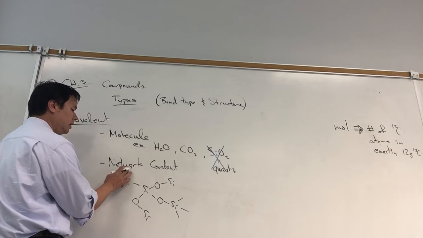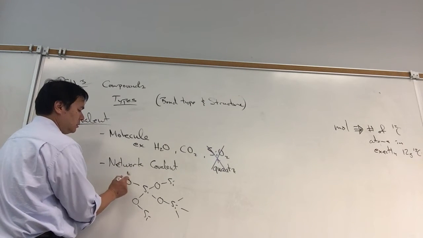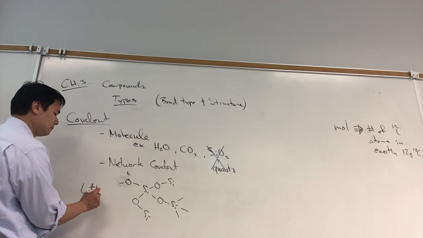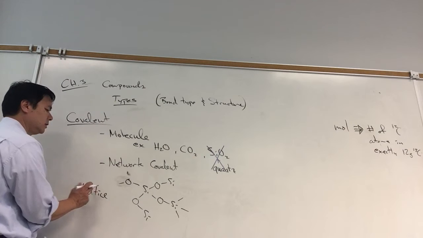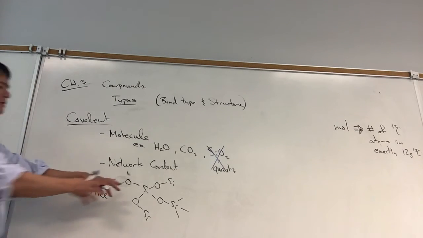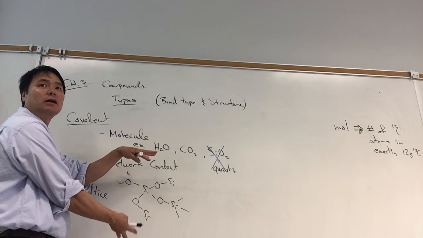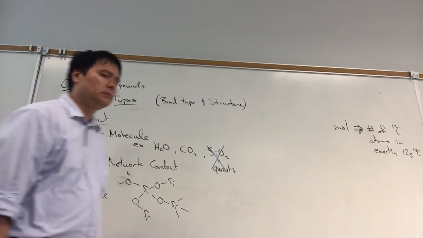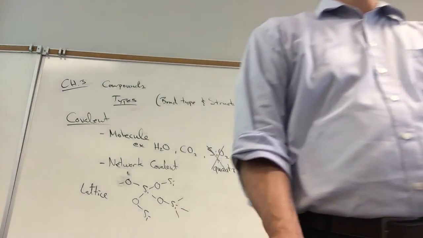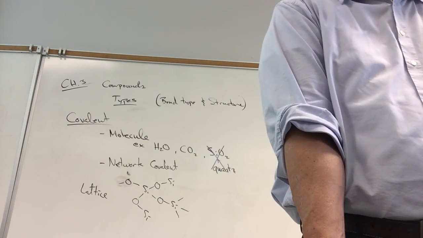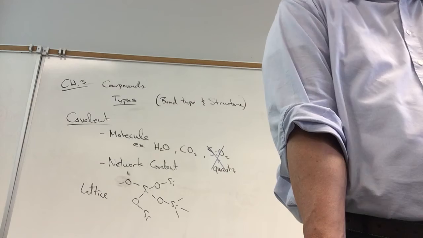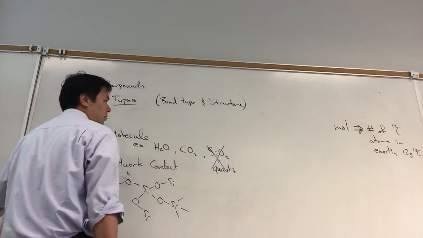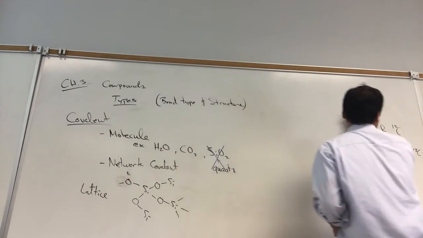This is called a lattice. And so it just keeps going and extending out. And so we don't form discrete molecules here. And so the properties of, let's say, diamond are totally different than another allotrope of carbon, which is the buckyball. The buckyball is a molecular form of carbon. And totally different.